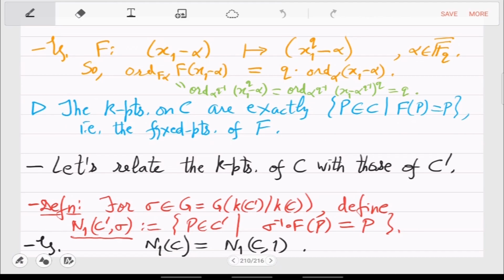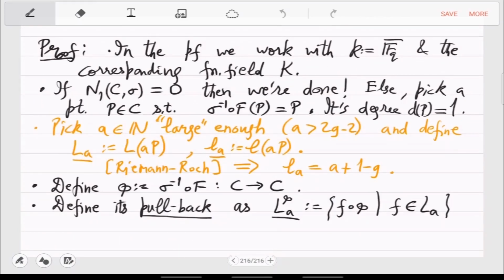And now we will use this multiplicity connection, the order connection. This is the right place. So let us now talk about the divisor of f composed with phi.